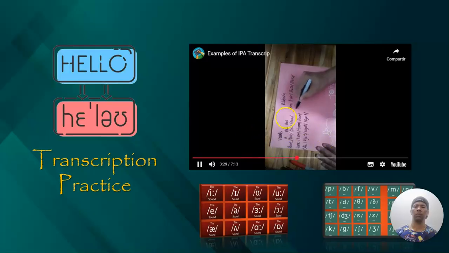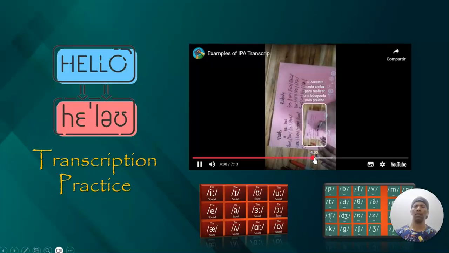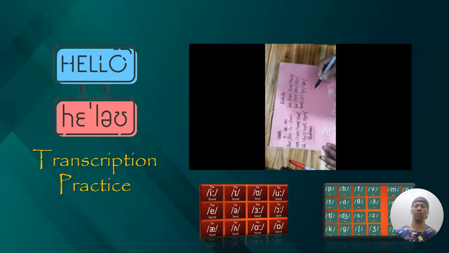The word pour in American English would be pour, that will be the same. When it comes to the allophones, with the allophones, then we have.